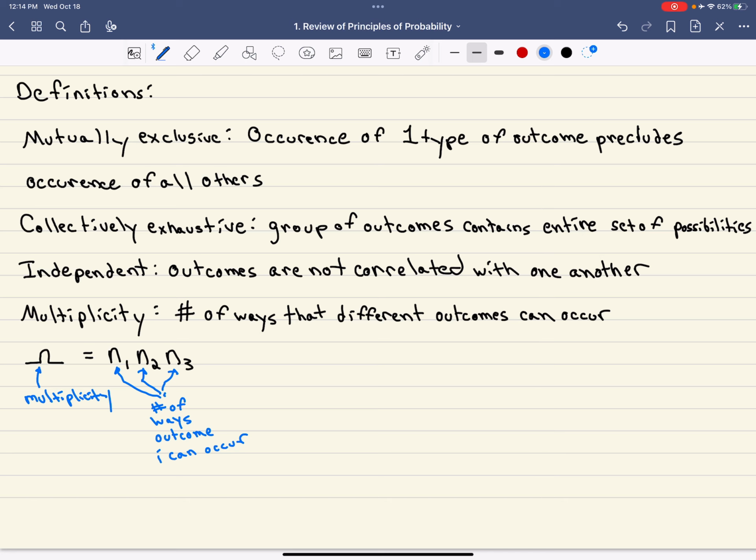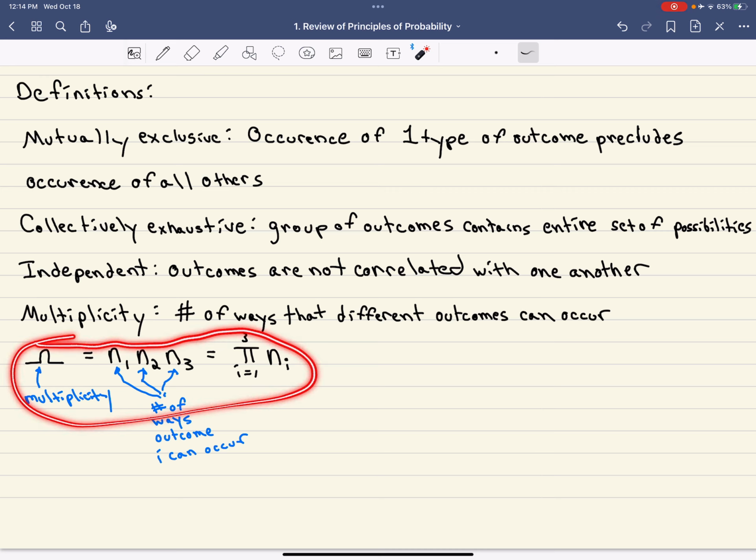And so the multiplicity, in order to calculate the total number of ways that the outcome can occur, you would just take the product of all of the different numbers of outcomes, right? And the way that we abbreviate it would be using this pi symbol, right? And so the multiplicity would just be the product of all the different numbers of outcomes that can occur, right? And so this is going to be something that we're going to practice calculating coming up.